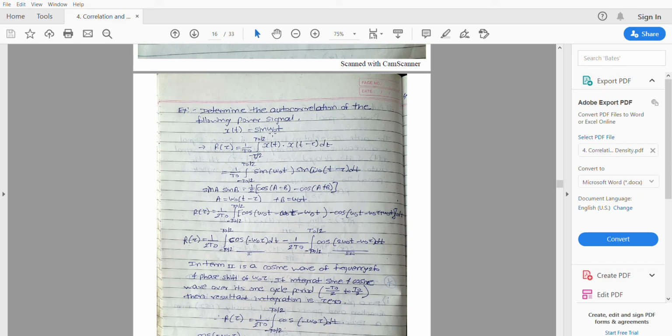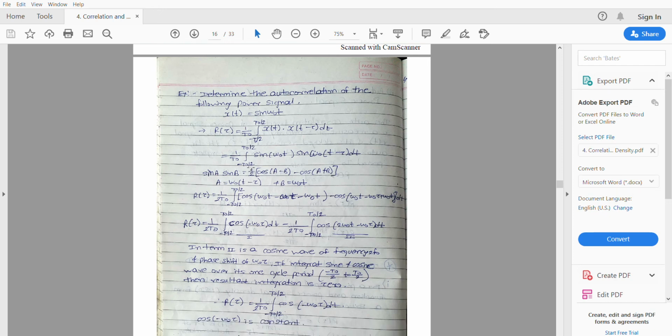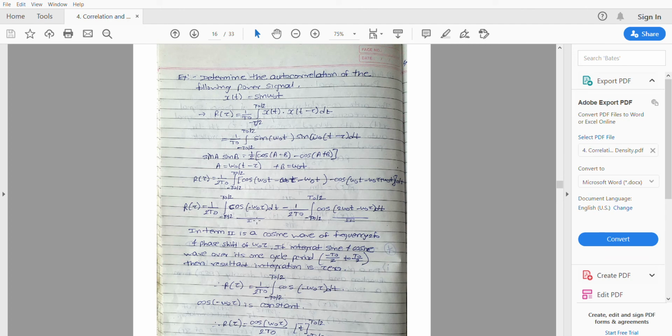So what is x of t here? Sine of omega 0 t. Substitute x of t with sine omega 0 t, and in place of x of t minus tau, sine omega 0 replacing t with t minus tau, dt. Here we use the trigonometric formula sine A sine B equals 1 upon 2 times cos of A minus B minus cos of A plus B. After substituting this and simplifying, we get R of tau with integral 1 and integral 2.